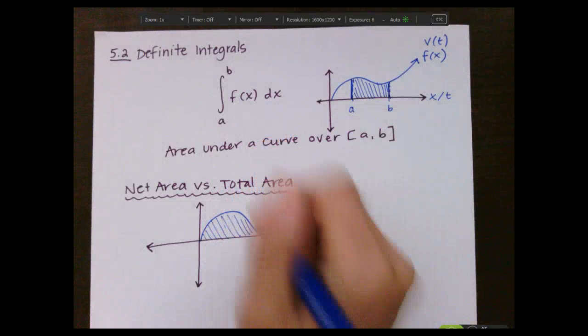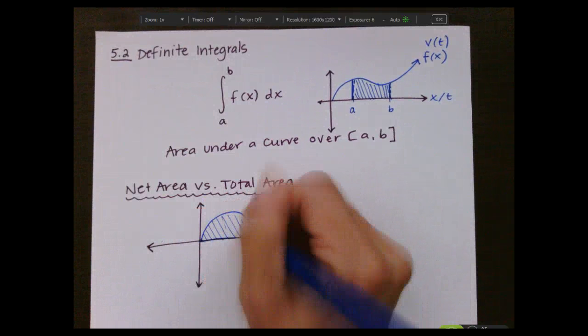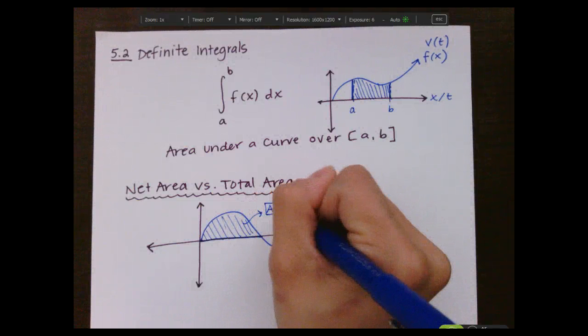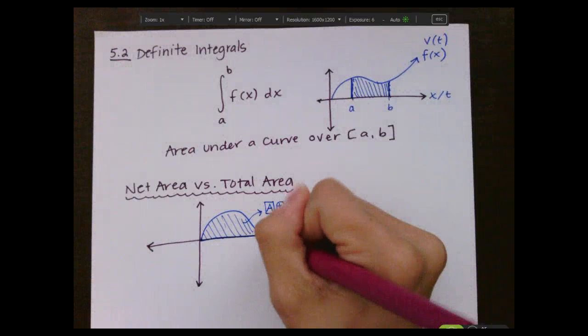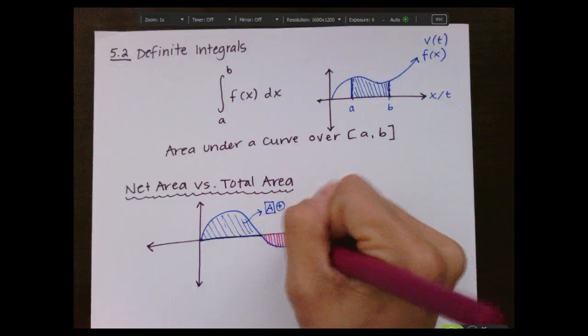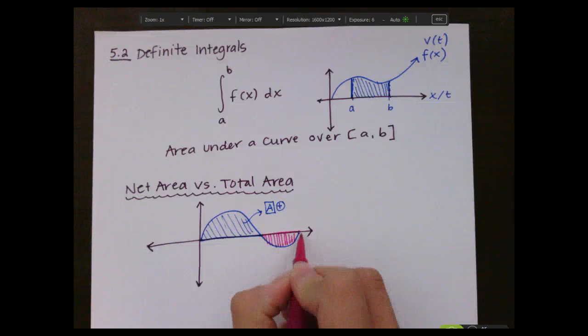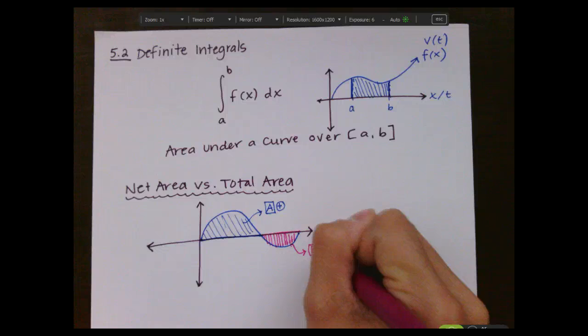So this region right here, again, bounded by the x-axis and the curve, is what I'm going to call region A, which is positive. And we also have this other region down here that we can bound by the x-axis and our curve, and I'm going to call that region B, which is negative.